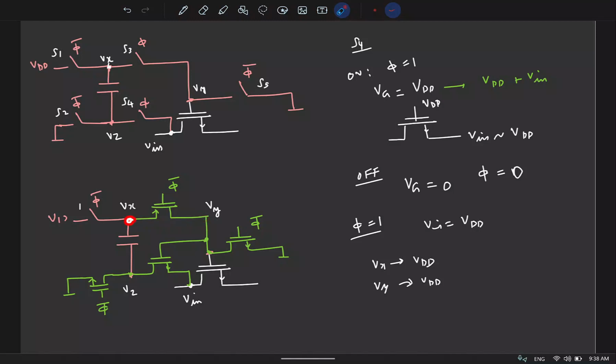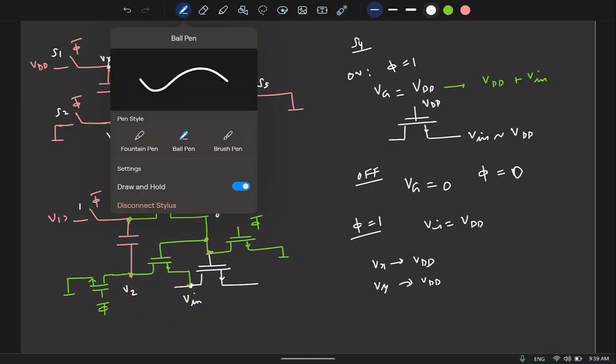Before that, this switch is closed. When phi is 1, phi bar is 0. This is closed. Vx is shorted to Vy. I am saying just before the switch is on, Vx was at VDD, so let's say it is also at VDD right now. Vy will also start from VDD. Is that okay? So the gate voltage is not enough to charge this node to VDD, so it will reach some other voltage.